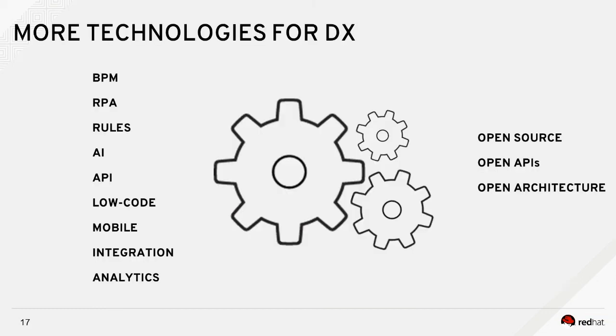So, of course, digital transformation is bringing together many more technologies. We've talked specifically about how it impacts BPM and rules. There are some other terms here that I think are also rising to the forefront as ways that we can make our organizations more agile and respond to this digital transformation mandate.